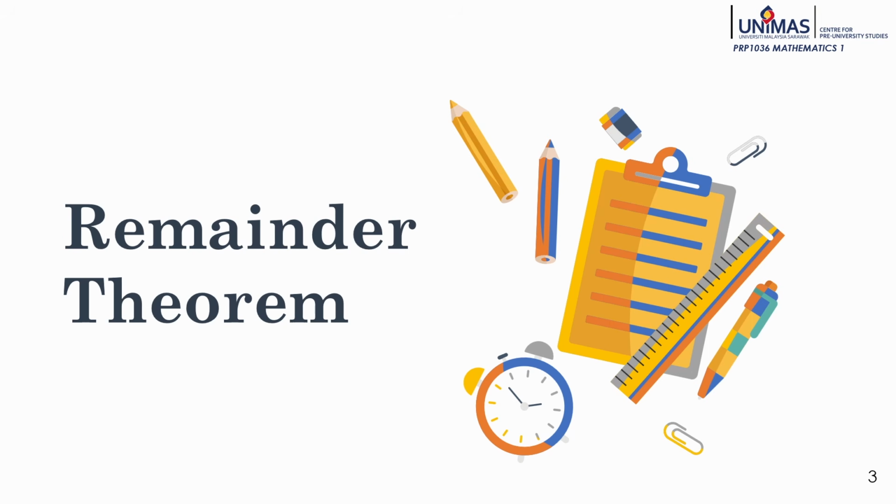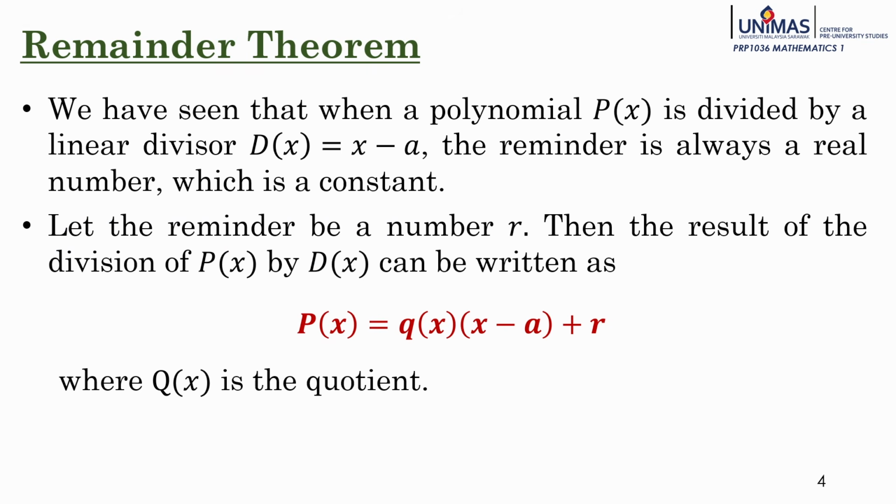Now we see the remainder theorem. We have seen that when a polynomial P(x) is divided by a linear divisor d(x) equal to x minus a, the remainder is always a real number, which is a constant.